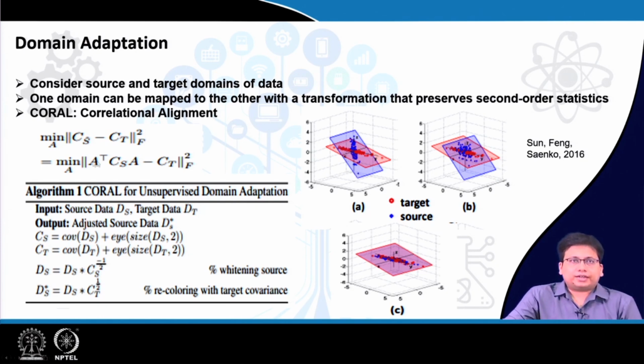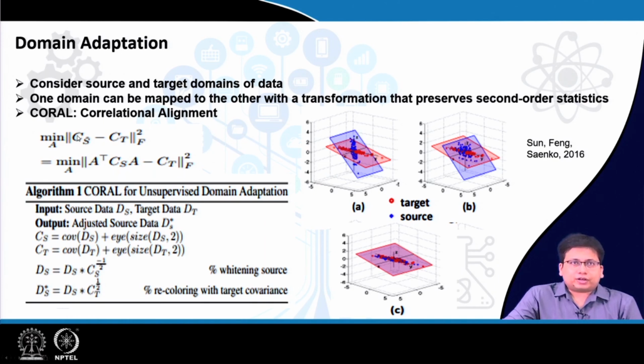Now the aim is that this CS, the covariance matrix of the source domain, we will map to a CS hat, which should be as close as possible to the covariance matrix of the target domain.